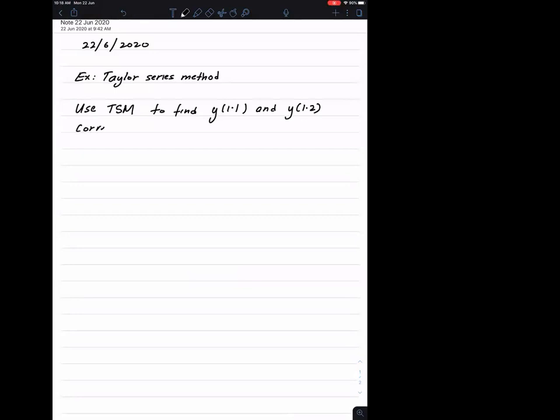correct to... given that the differential equation dy/dx is equal to xy to the power of 1/3, and the initial point at x naught equals 1 is 1.